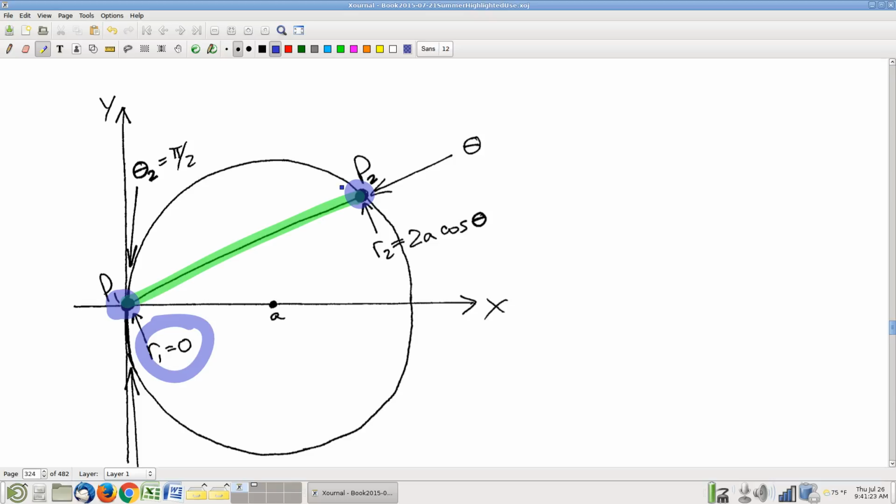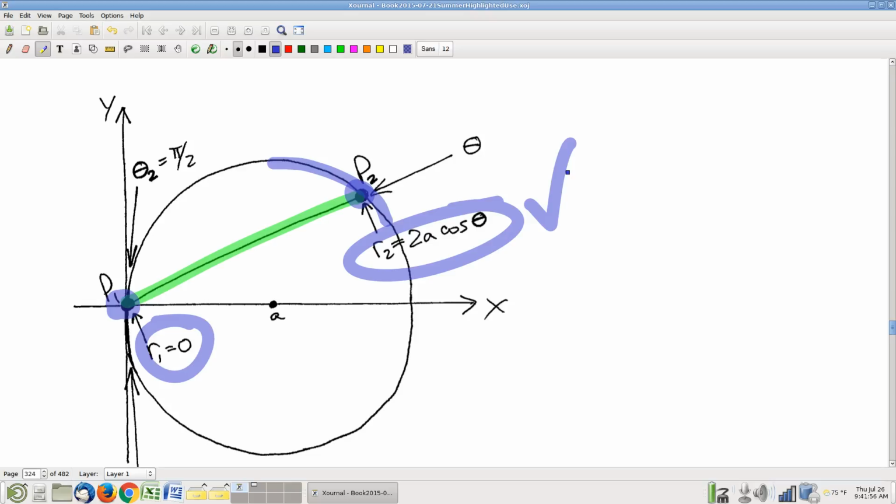Instead of picking up freebies like in all of our previous examples, let's go back to our previous method of realizing that bounds are determined by points. Points are on curves. Curves have certain equations. And this is a chapter 1 exercise. If you take this circle, centered at a on the x-axis, radius a, write down the equation in rectangular coordinates, algebra 2, then convert into polar coordinates, what you will get is this equation.